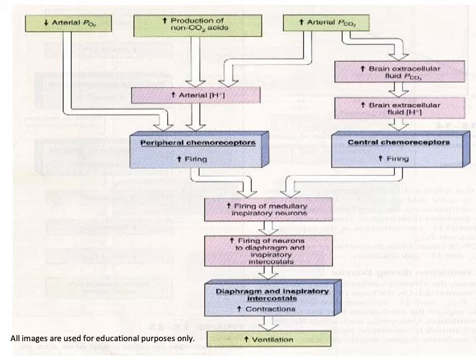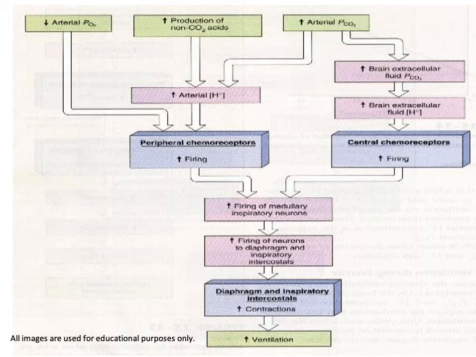The second stimulus is the production of non-carbonic acids, such as lactic acid produced with exercise. The increase in non-carbonic acid will increase the hydrogen ion concentration in the arterial blood. So this one also will activate the peripheral chemoreceptors.